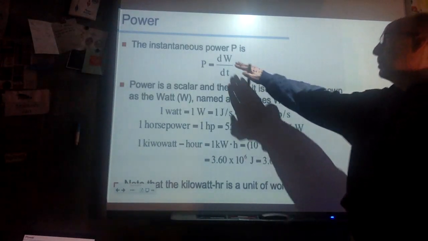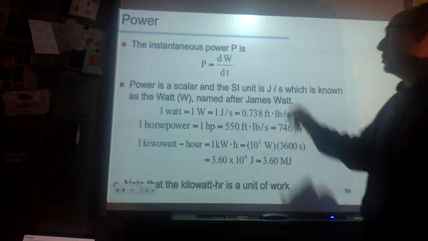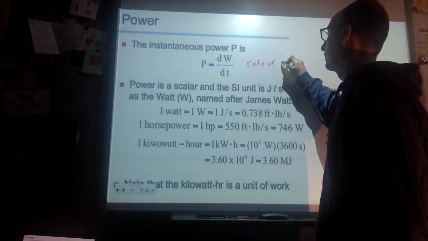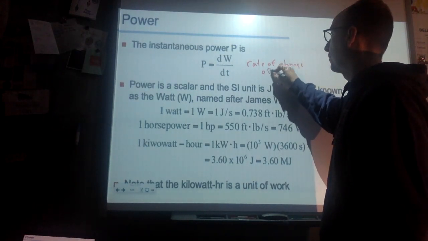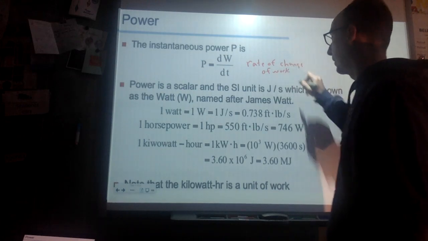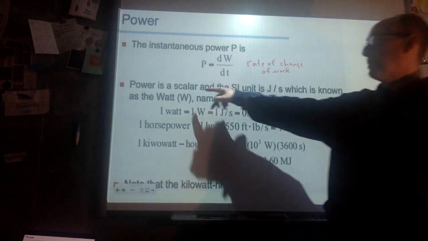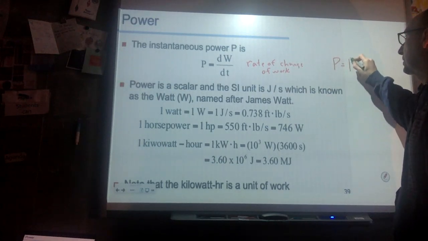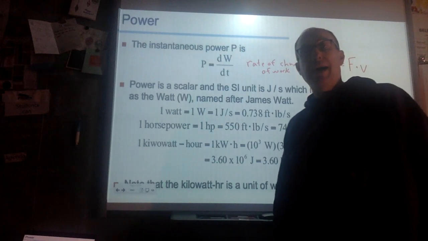All right, so we can also think about power as the rate of change of work. This is also going to be a scalar, and it is going to be equal to the dot product of the force and the velocity.